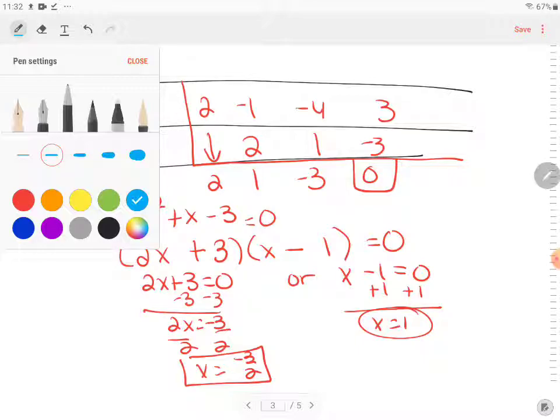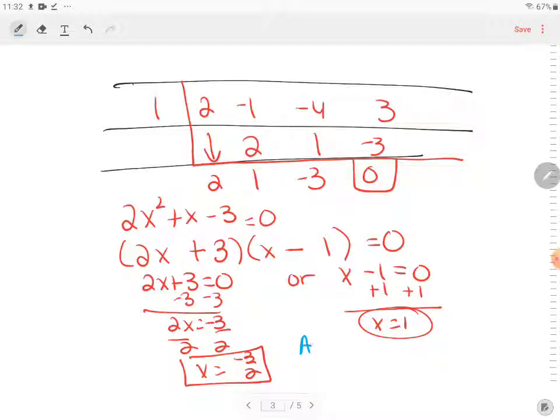So, what are my answers? Actually, we're asking for the zeros. So, what are my zeros? Your zeros are, from the calculator, 1, negative 1, negative 3 over 2, comma 1. Notice the 1 is repeated. That means 1 has a multiplicity of 2 because there's 2 1s. It's repeated.